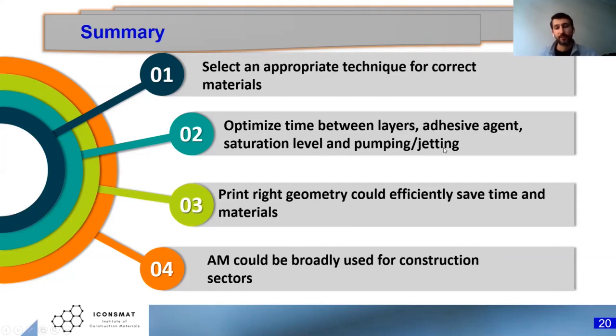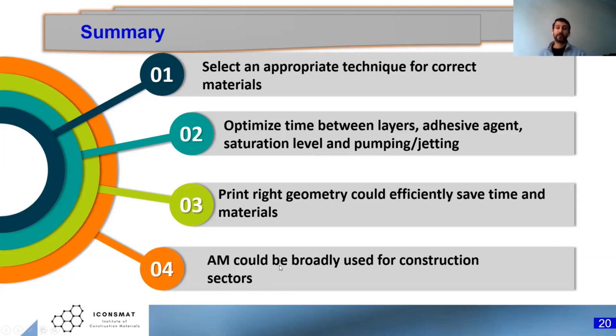For example, in extrusion we need pumping, while in inkjet printing we need the jet to splash the water from the head of the printer. And printing the right geometry is very efficient because it may save time and material too.